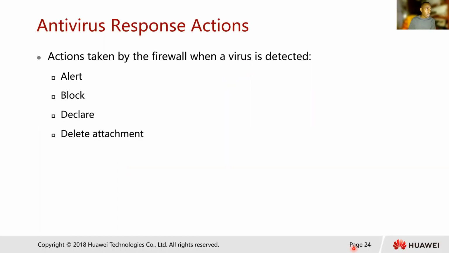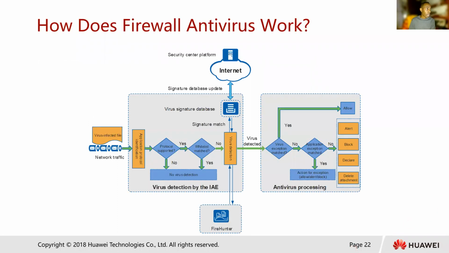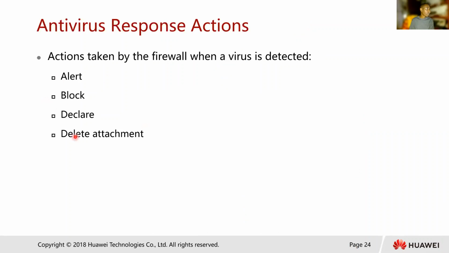You've already seen these actions here: the allow, the block, the declare, the delete. This is what happens when a virus has been detected, because a firewall can be a kind of antivirus. It can alert the user, it can block the file, or maybe the code. It can declare and can even delete only that attachment, or maybe we really say you can clean or disinfect. Something of that sort.